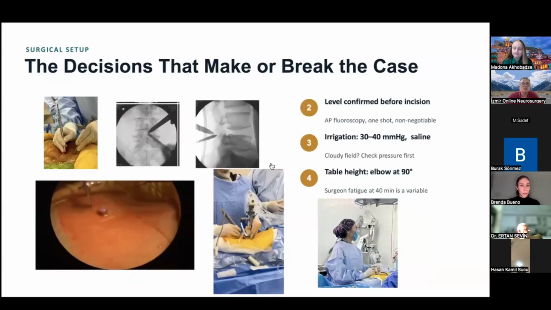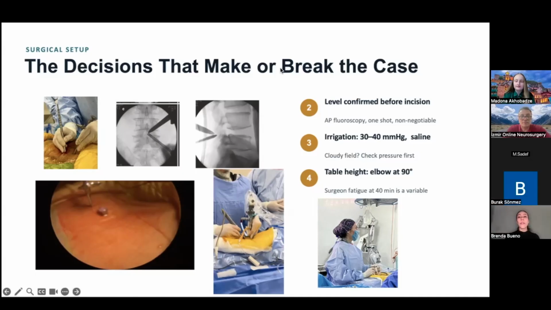When you have created your correct portals, then you use the triangulation. You make your skin incision and confirm your triangulation in AP and lateral. This is at the beginning, because later you only shoot the AP. But in the first cases, I recommend you confirm the level before incision in AP and lateral.